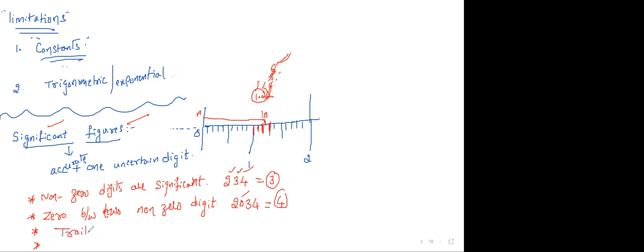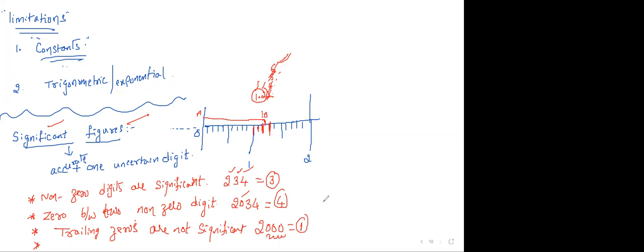Trailing zeros are not significant. 2000. Don't consider these trailing zeros as significant. You have to tell only one. So what is the significant figure for 2000?